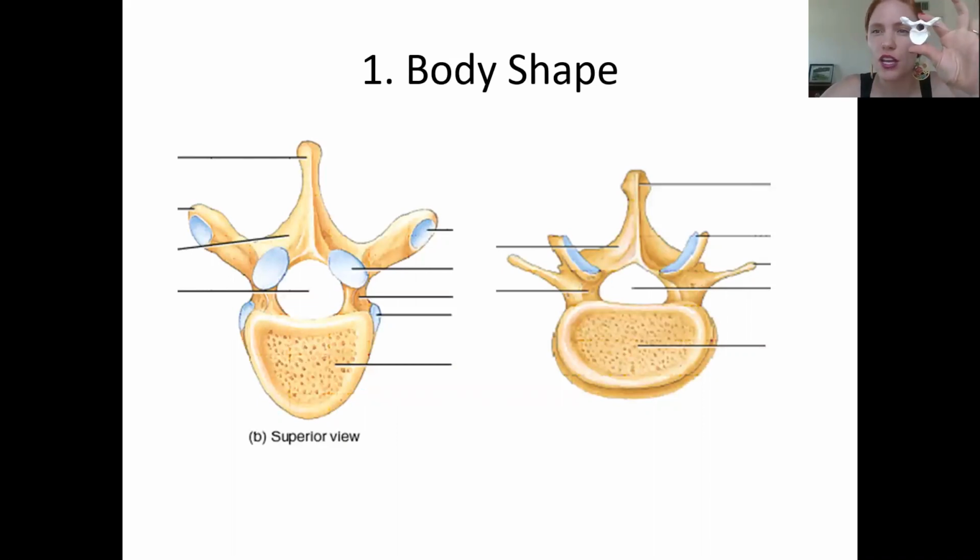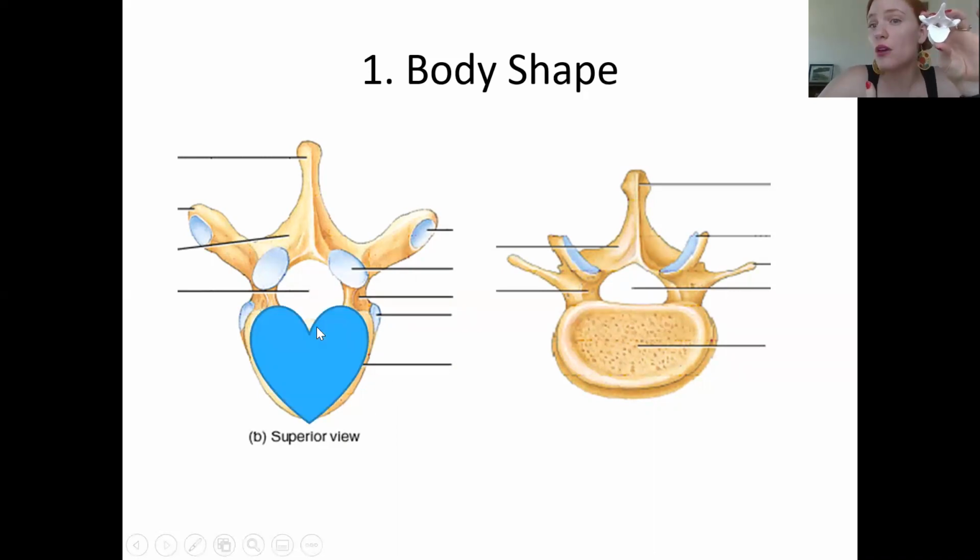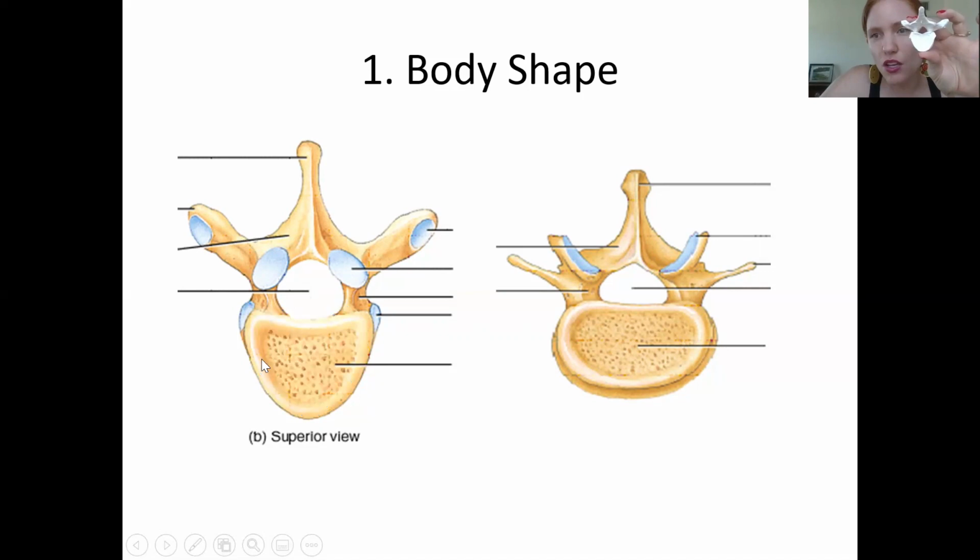Okay, so this right here, this is a thoracic vertebrae, and we look at the body. Remember, this is the body here. The body of the thoracic vertebrae is going to create what to me looks a lot like a nice heart shape. And pay particular attention to the fact that it's fairly narrow along it.